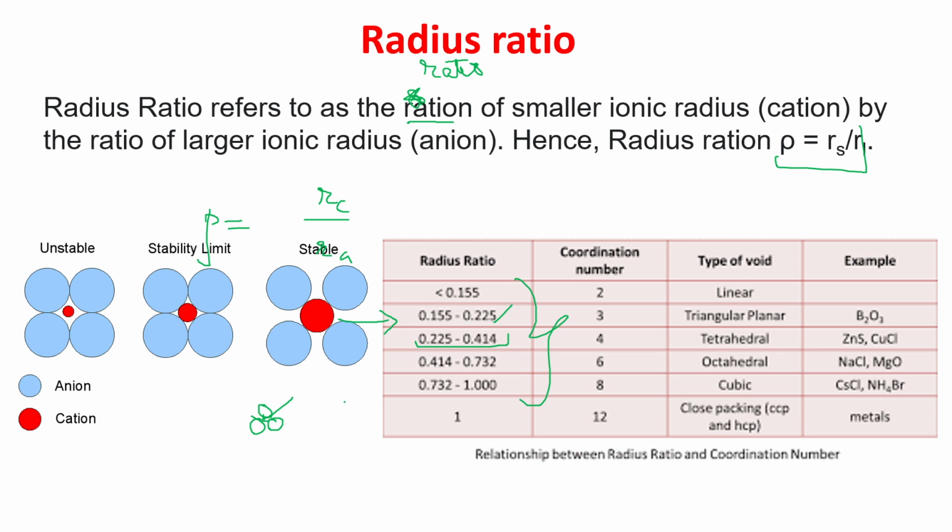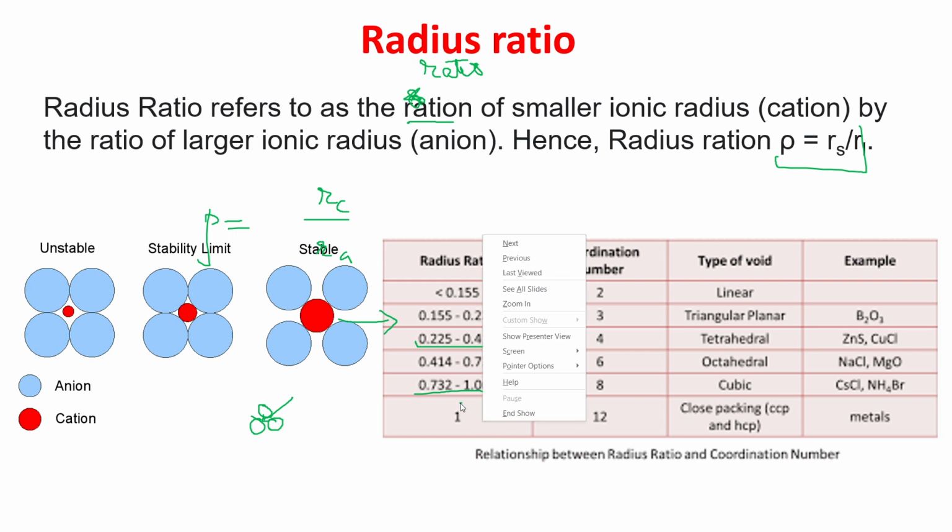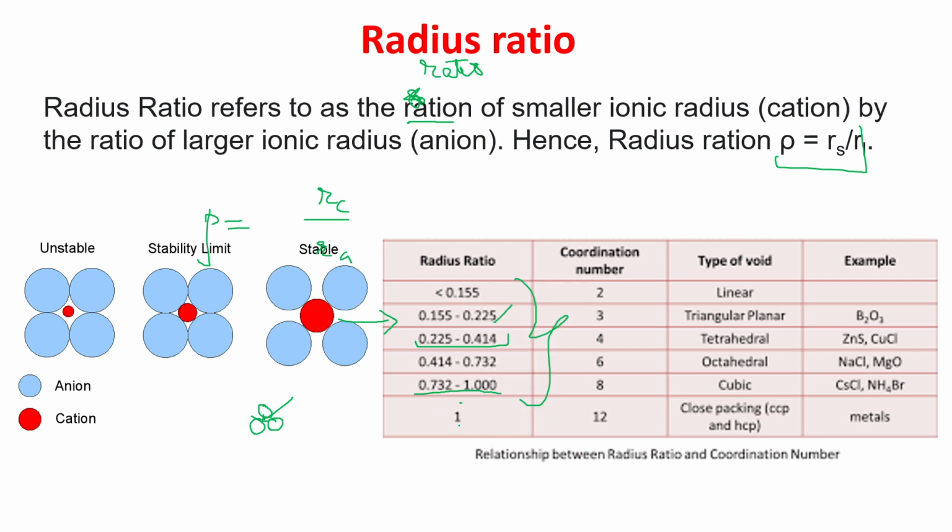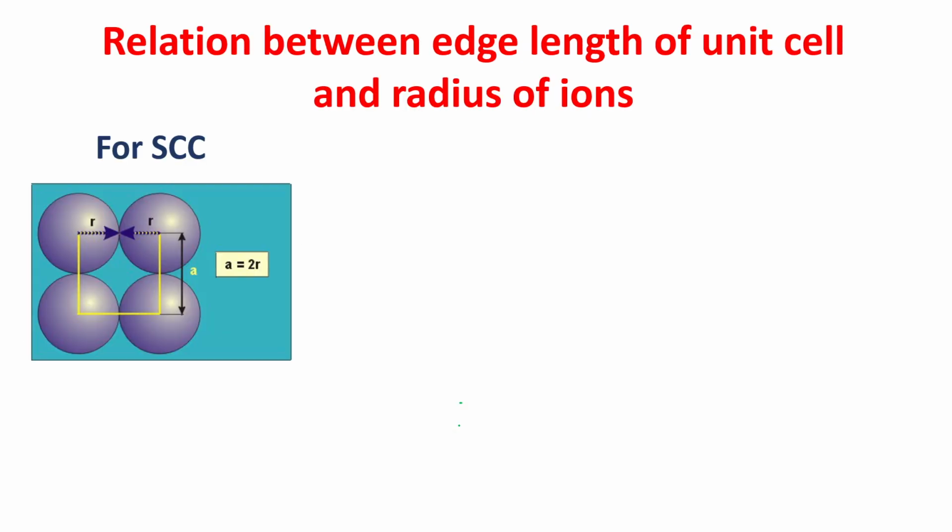If it is a tetrahedral void generated by four molecules, then the cation size should be such that the ratio comes out between 0.225 to 0.414. If it is an octahedral void, then the ratio must be in between 0.414 to 0.732. If it is a cubic void, then it should be in between 0.732 to 1. If it is a closed packing structure, then the ratio should be 1.